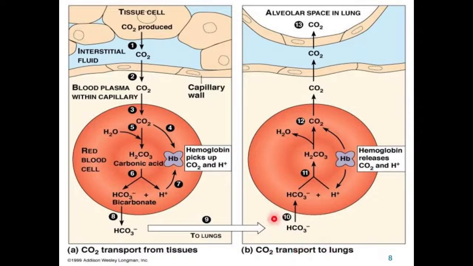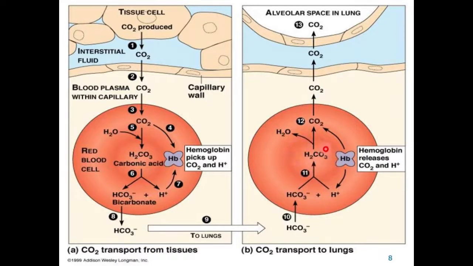When the red blood cells are circulated to the lungs, the reverse process occurs, in which the bicarbonate ions in the plasma will diffuse back into the red blood cells, and the carbaminohemoglobin will dissociate to form carbon dioxide and protons, hydrogen ions. And these hydrogen ions will join back with bicarbonate ions to form carbonic acid.